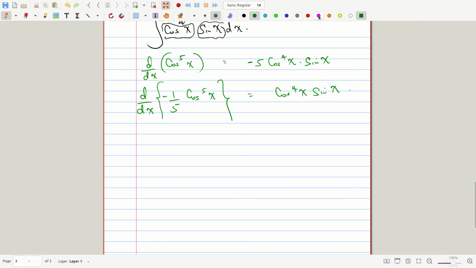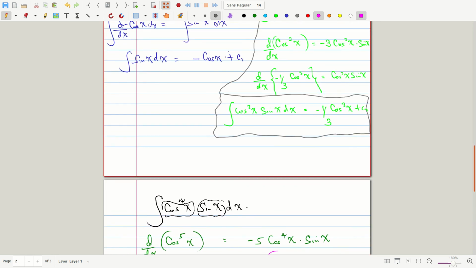After that, we introduce the integral with respect to x and start with the right hand side. Then we have that the integral of cos to the 4 x sine x dx should be equal to negative 1 out of 5 cos 5x plus a constant here.